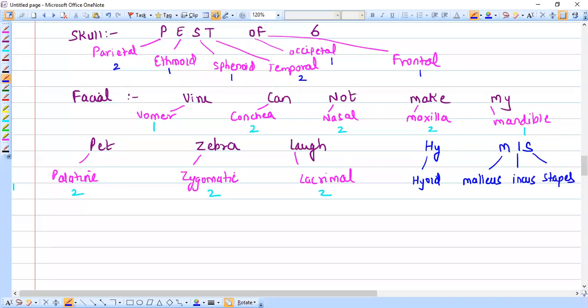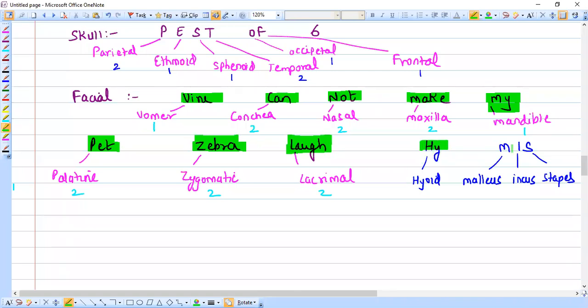So remember these 2 sentences. Viru cannot make my pet zebra laugh. So Viru stands for vomer, can stands for conchae, not is for nasal, make is for maxilla, my is for mandible, pet stands for palatine, zebra stands for zygomatic, laugh stands for lacrimal, Hi is for hyoid, and Miss is for malleus, incus, stapes.